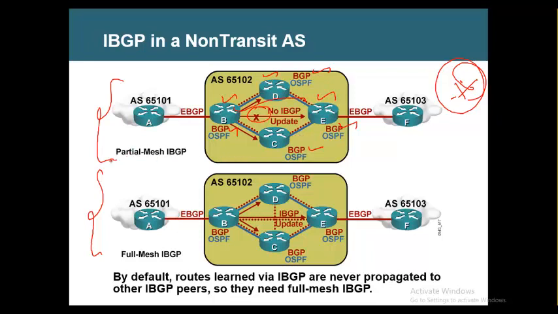That's why it is partial mesh. Whereas here, B is forming a neighbor with D as well as E, which is what full mesh means, meaning everyone should have a neighbor with all others, even if they are not directly connected.